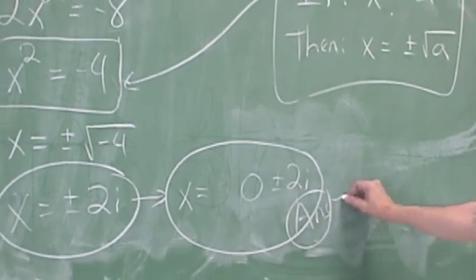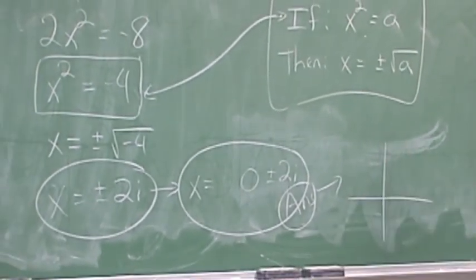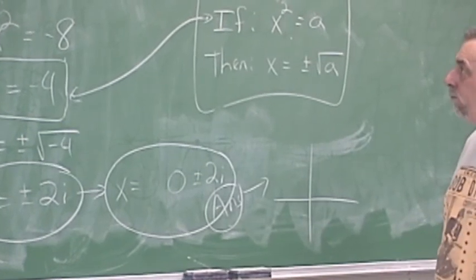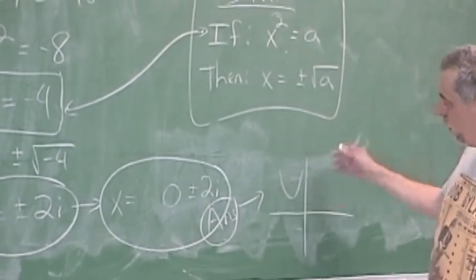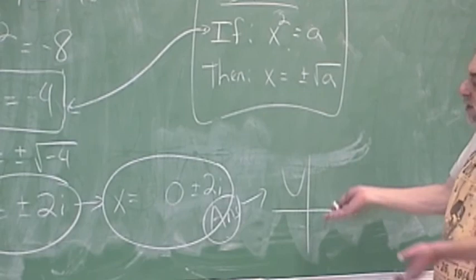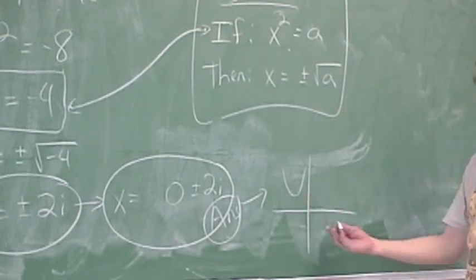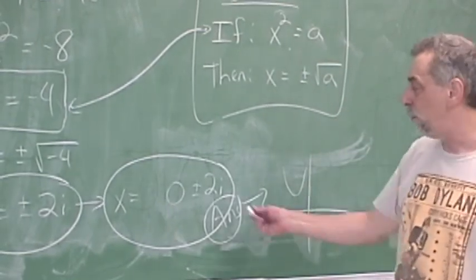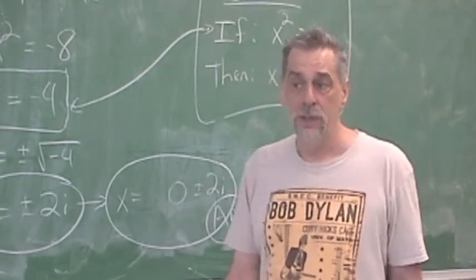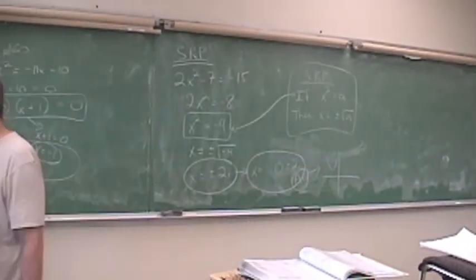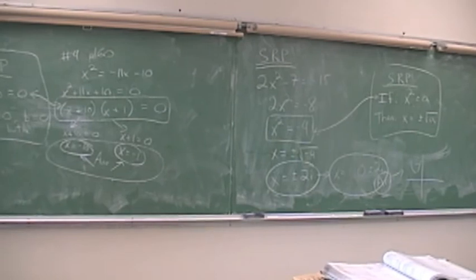All right, so remember this is the case where we have a parabola opening upward. It's not positioned exactly, but it's above the x-axis and it never crosses the x-axis. That's why we're getting imaginary values for our solutions. All right, so that is the square root property.